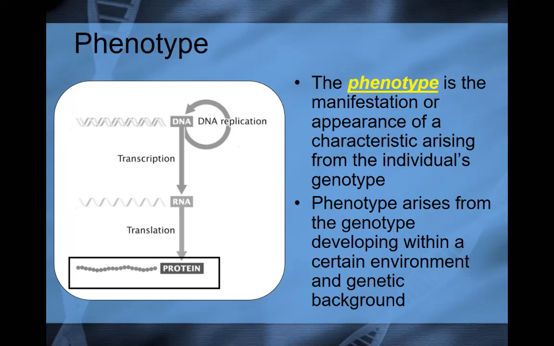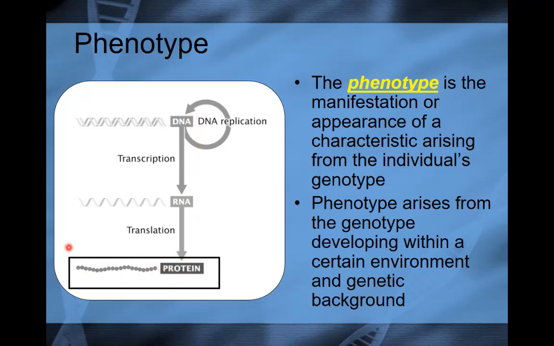The phenotype is the manifestation or appearance of a characteristic arising from the individual's genotype. So remember, the instructions are all laid out inside the DNA, but the DNA doesn't do a whole lot other than act as the instructions. The work is carried out by proteins. Your physical traits primarily come from proteins. And we have to go through this process where we take the DNA, transcribe it into RNA, and then convert that into proteins at the ribosome.